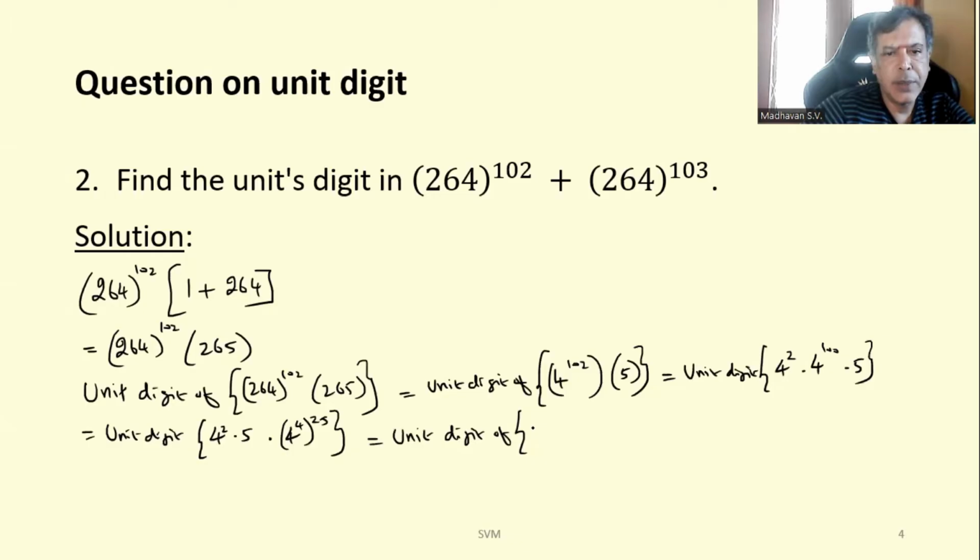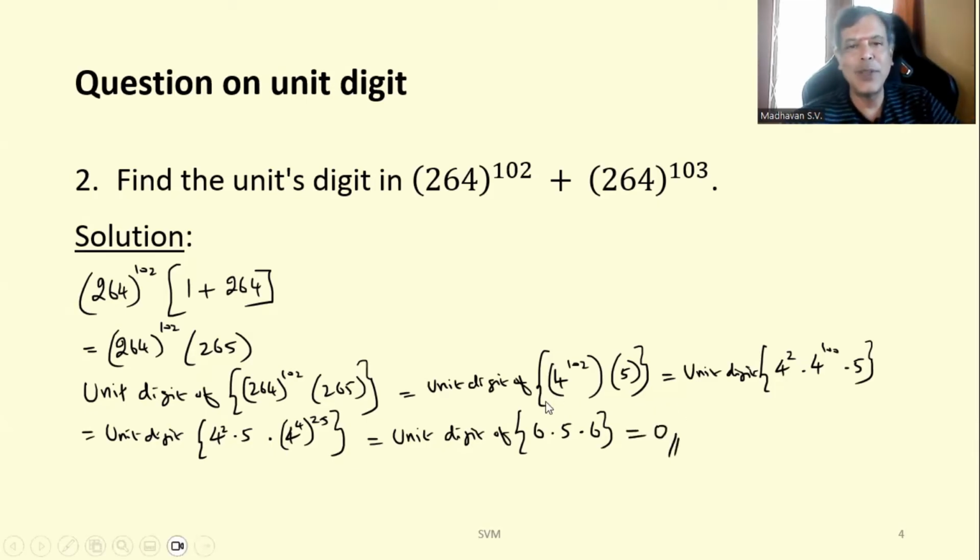So we can consider the units digit as 6 into 5. Here 16, 256, the units digit is 6. So we can multiply 6 only. Now 6 into 5, 30, 30 into 6, 180. So the units digit is 0. That's how we can find out the units digit for this particular expression.